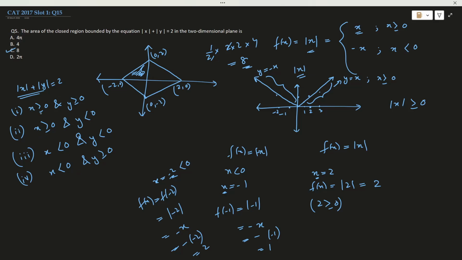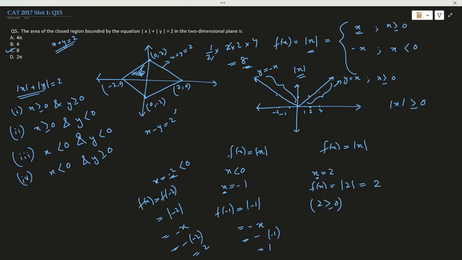Alright guys, when x and y both are greater than or equal to 0, the equation will become x plus y equal to 2. Which line? This line. X plus y equal to 2 holds only when x and y are greater than or equal to 0. That is why you will see it ending here. Now when x is greater than or equal to 0 and y is less than 0, the equation will be x minus y equal to 2.